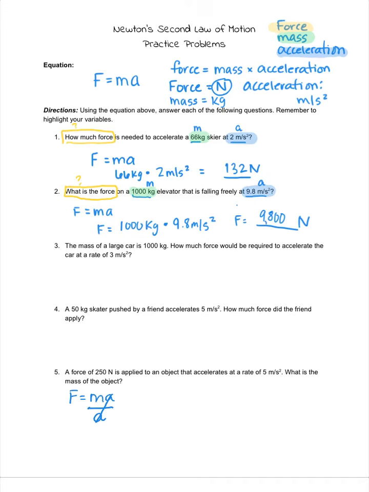But in algebra, what we do to one side, we have to do to the other. So A is divided over here. So our new formula becomes M equals F over A. So if the equation's asking you to find mass, then you can find mass by simply dividing F and A.